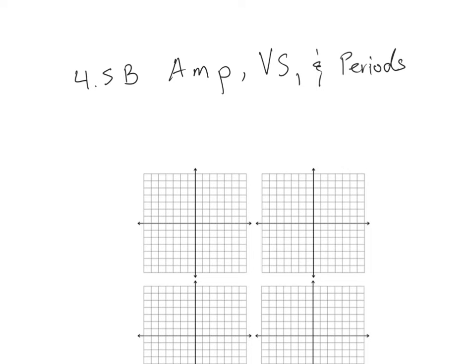So before, a normal graph falls within a period of 0 to 360 degrees, or 0 to 2 pi. So 2 pi is a normal period of one phase of the graph.